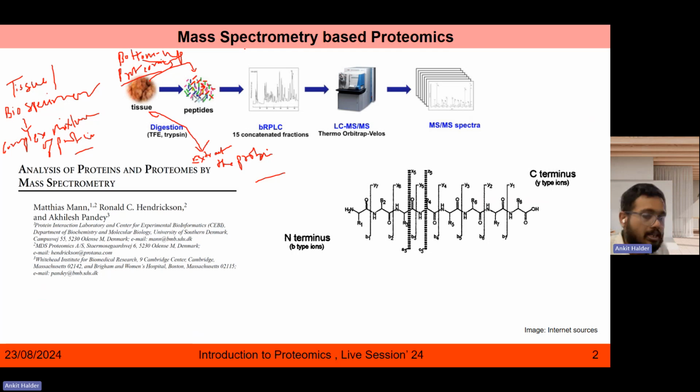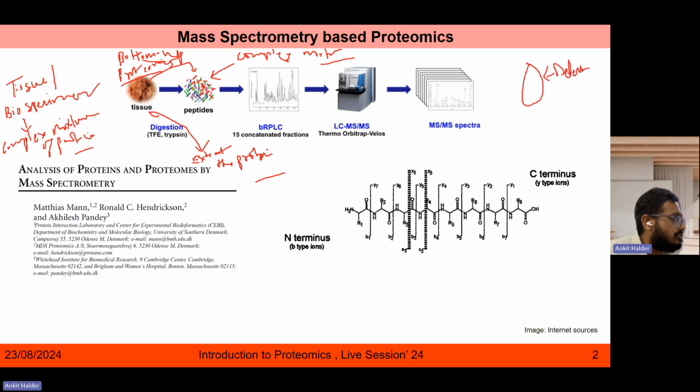Then the peptides will again comprise a complex mixture of peptides. If you are just injecting all these peptides at once, the detector that is present will get overloaded, and it will not allow specific identification of the protein. Many signals will be lost.